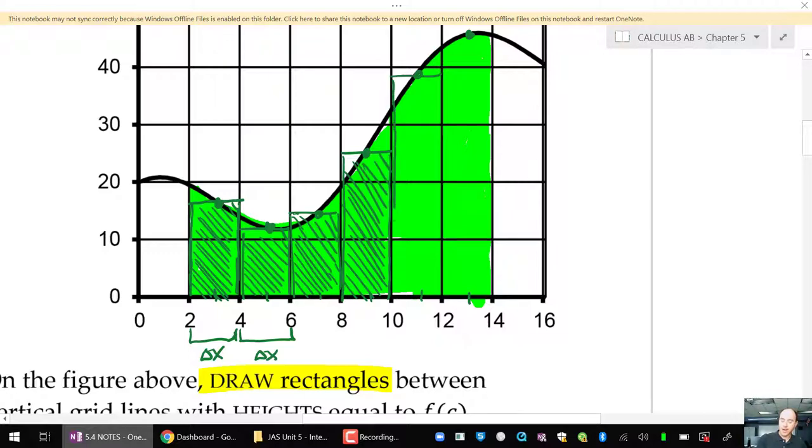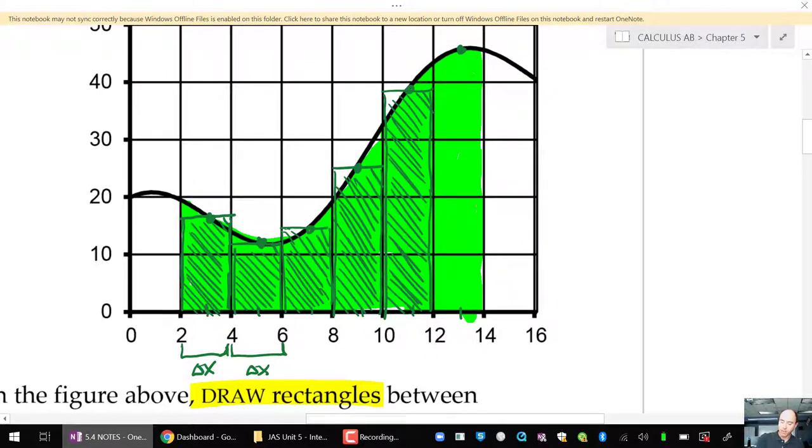Here's rectangle 5 between 10 and 12. This looks like we're covering much more area now. The heights of the rectangles are growing. And then finally, here's my tallest rectangle between 12 and 14. I'll bring it up to that sample point. And that'll be the last one.